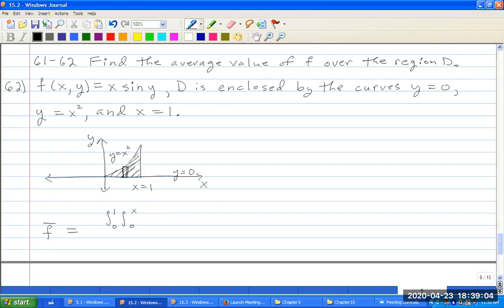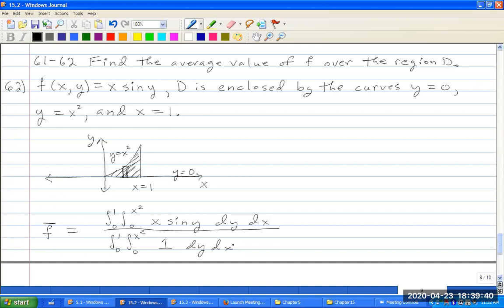And I'm going to be integrating my function x sine y, dy dx, over, well, the same thing, integral from 0 to 1, 0 to x squared, in this case, 1 dy dx.